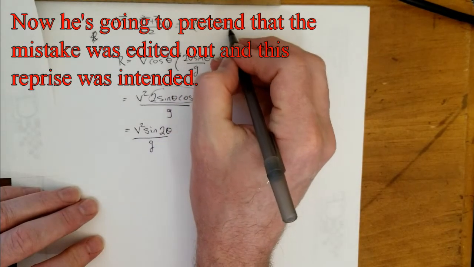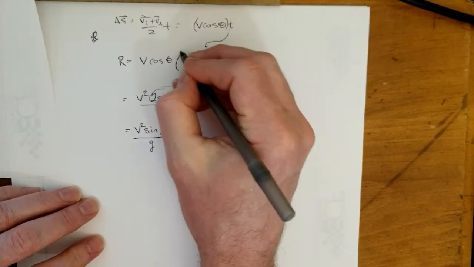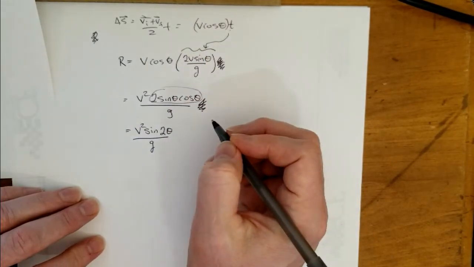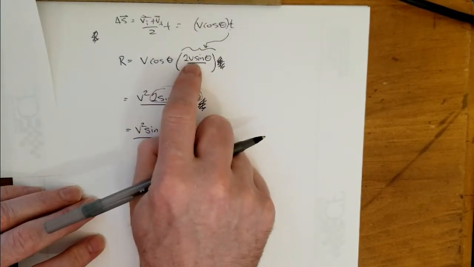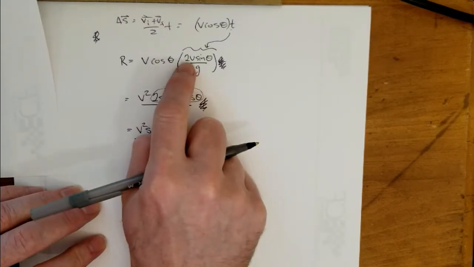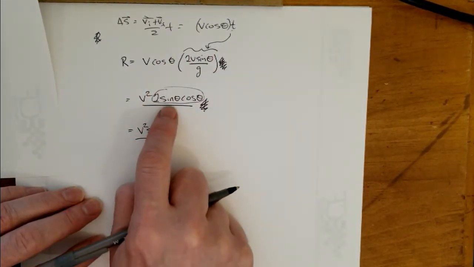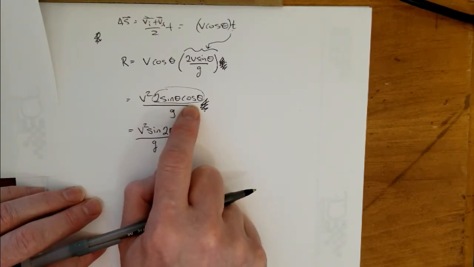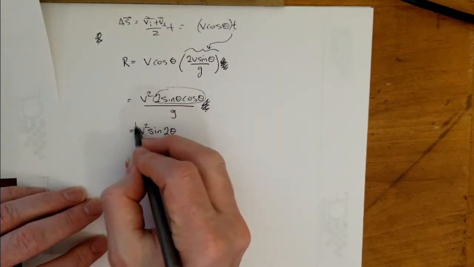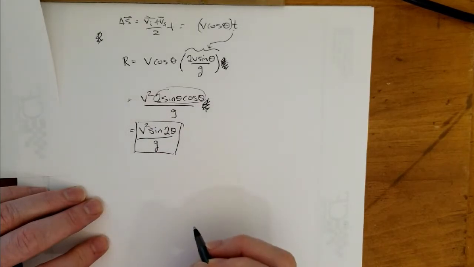So substituting the value found for t, and then rearranging it, we get the v squared up front, the 2 sine theta cosine theta, and then divided by g, and then 2 sine theta cosine theta is just a trig identity. That's the sine of 2 theta. And so we have that.